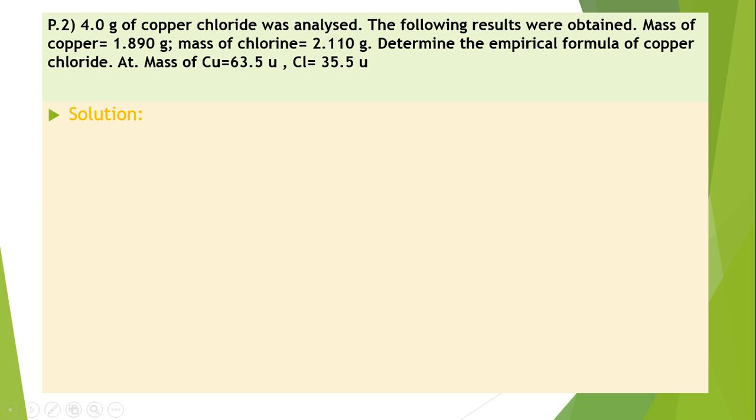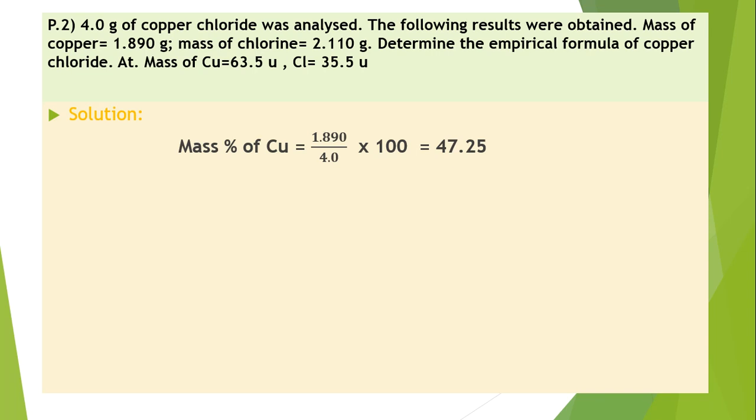For doing this problem, we first want to find out the mass percentage of copper and chlorine. For that, mass percentage of copper is equal to the mass of copper given, 1.890, divided by the copper chloride's weight given, 4 grams, into 100.